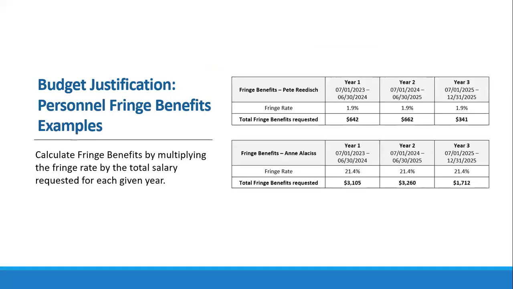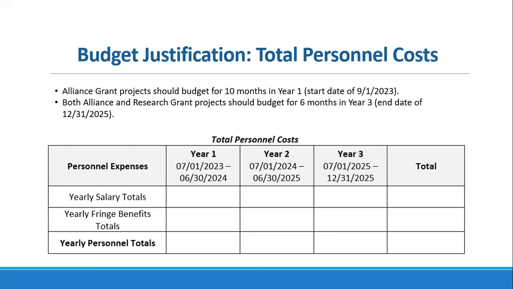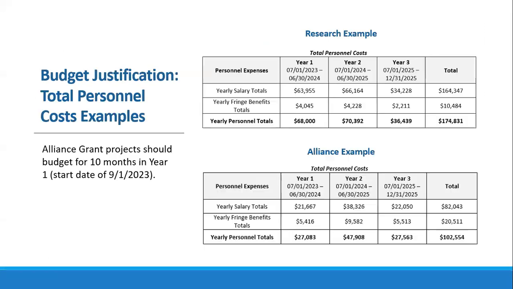All right, so to finish that, those fringe benefit totals that you'll see in bold at the bottom are calculated by taking the total salary found in the salary table and multiplying it by the fringe rate for that year. And then all of those are summed in a table called the total personnel costs. And here are some examples of total personnel cost tables for the research and alliance samples.